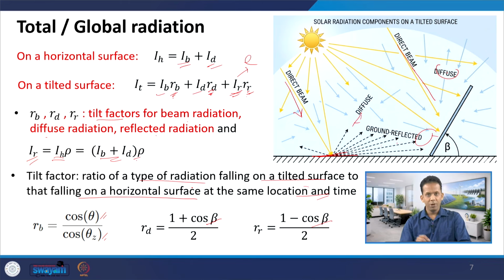We won't go into the derivations of these formulas, but for diffuse and reflected the only governing thing is the tilt angle, beta, and for RB it is a relation between cos theta and cos theta z, and both of these relations when expanded will include beta along with other angles.